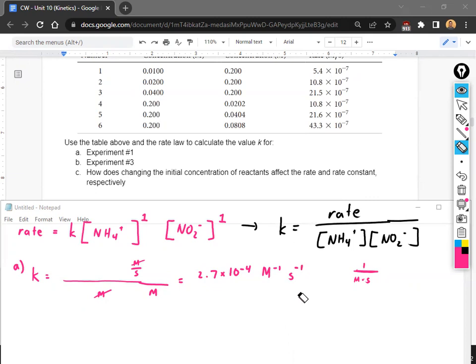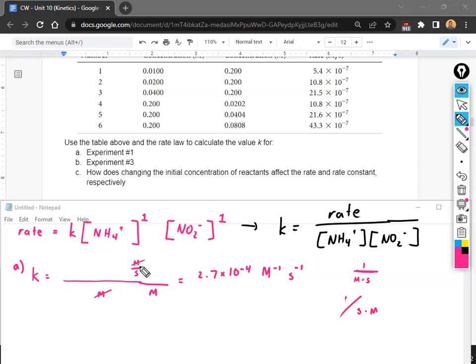So the other way you can write it is 1 over S times M, because there's still a 1 on the top. These are both underneath the fraction. They're both denominators.